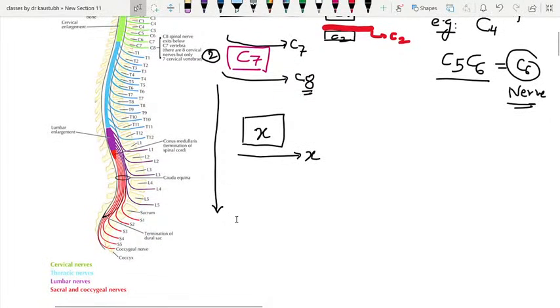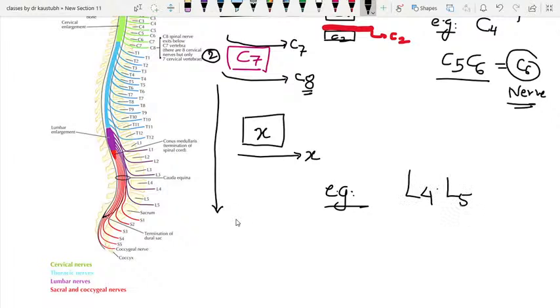Now one more example, L4 L5, and I am taking the concept of the intervertebral disc also, because it is a slightly different entity to understand. Between L4 and L5, which will be the exiting nerve and which will be the traversing nerve?